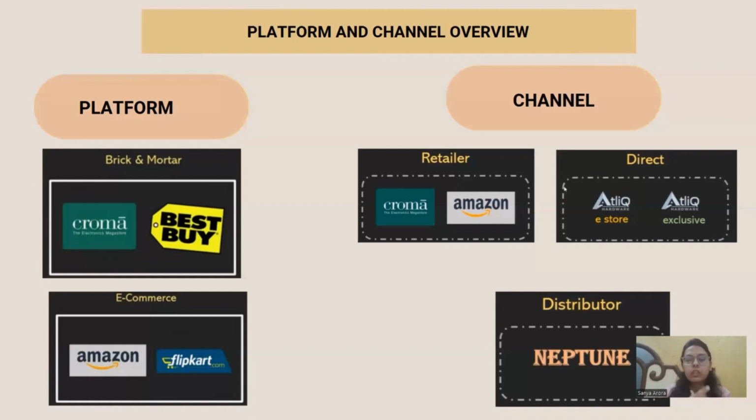Under distributor, we can see the example of Napkin. For countries like China, they don't have a retailer or direct system, so how we take that audience as our target audience is we sell through distributors to that country. So this was the platform and channel overview about Atliq.